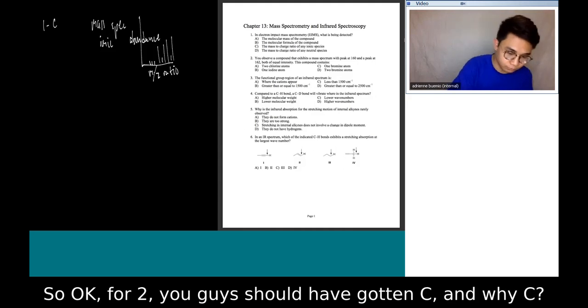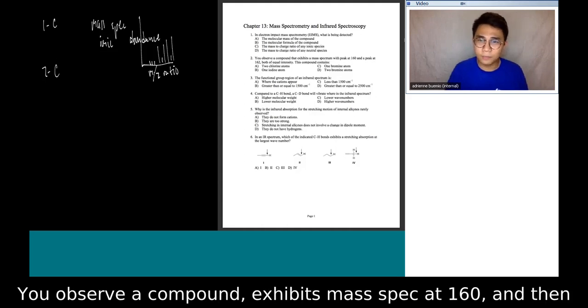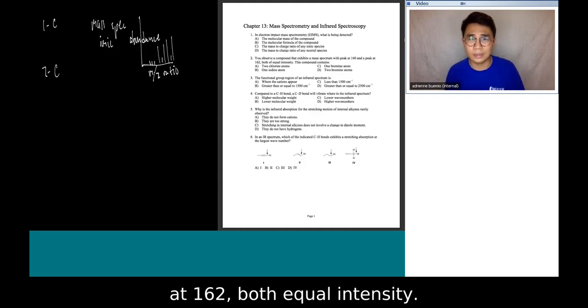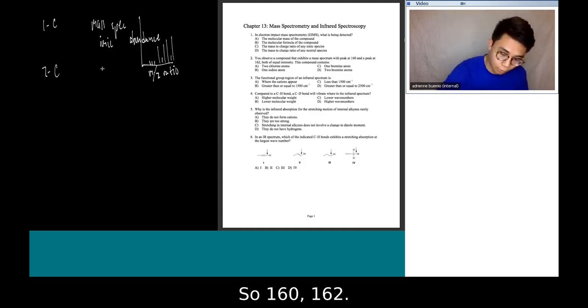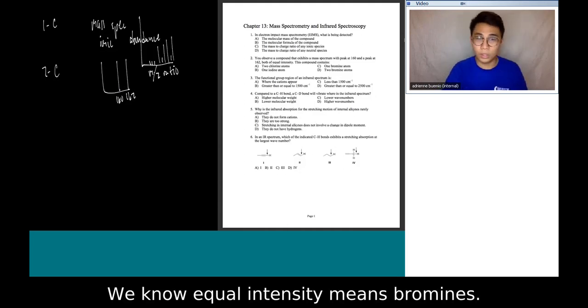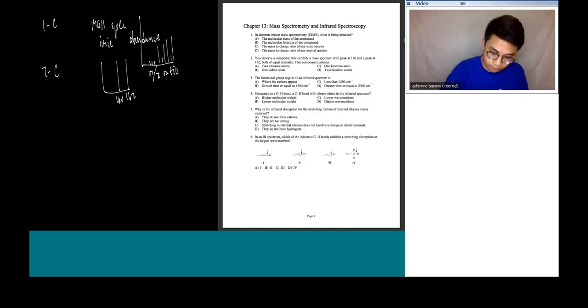Okay, for two, you should have gotten C. And why C? You observe a compound that exhibits mass spec peaks at 160 and then at 162, both of equal intensity. We know equal intensity means bromine, right?